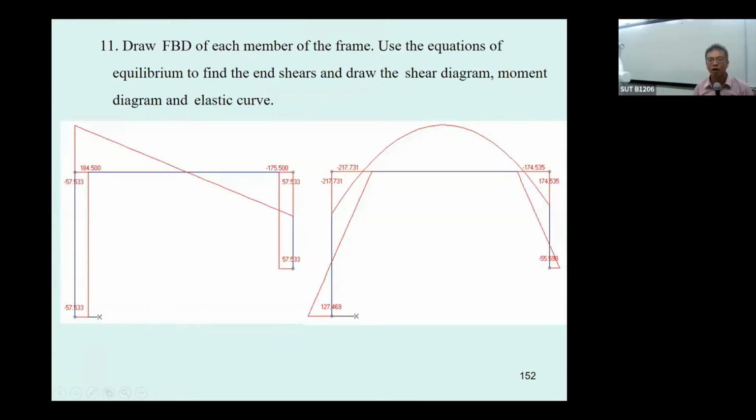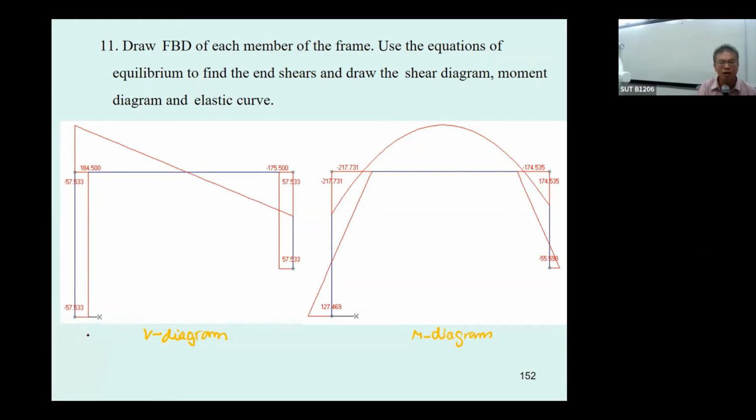Okay, so next you just go a little bit further to draw the shear diagram and moment diagram. And I like to mention again, to draw the shear diagram or the moment diagram, you are required to put the value and you are required to put the slope into the graph. Why?